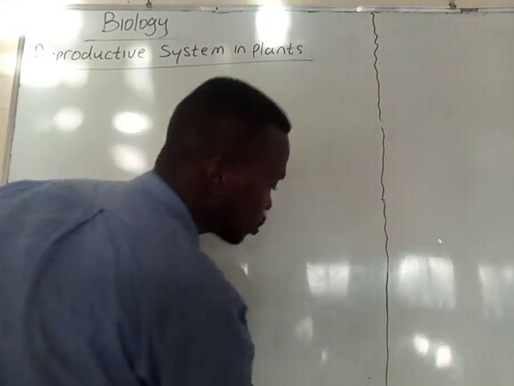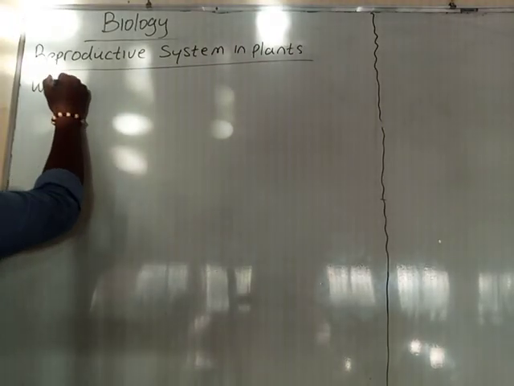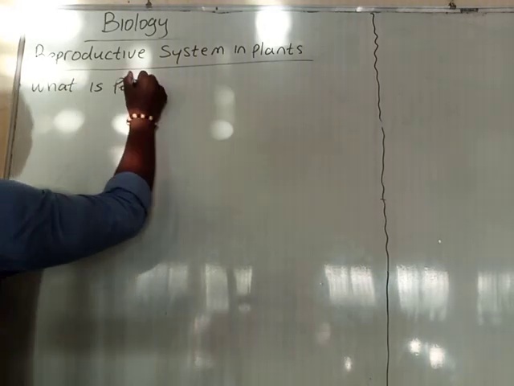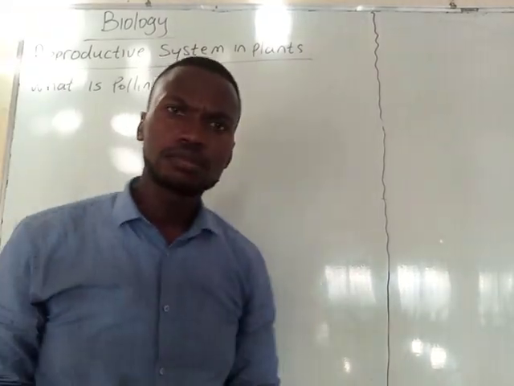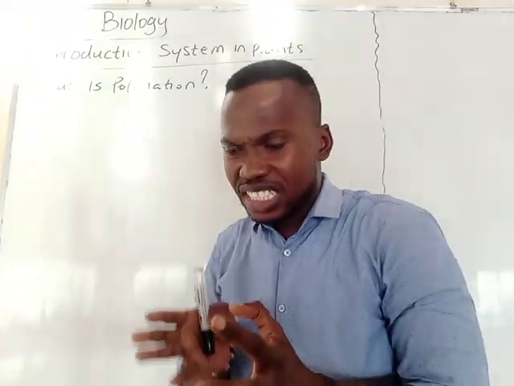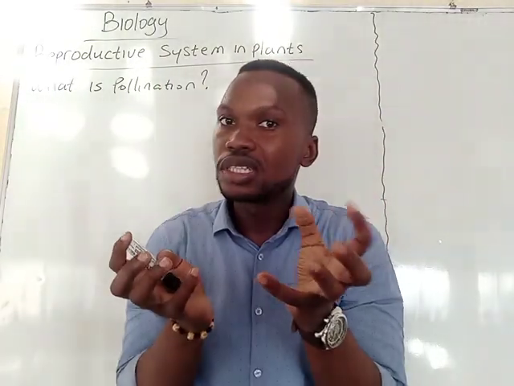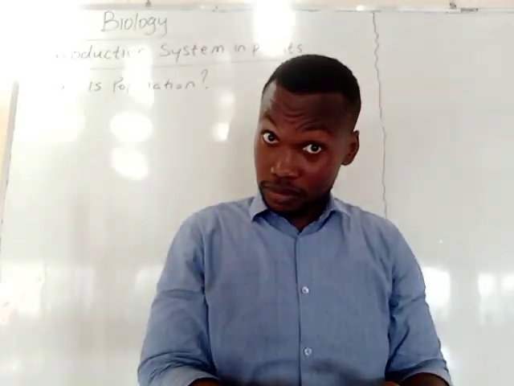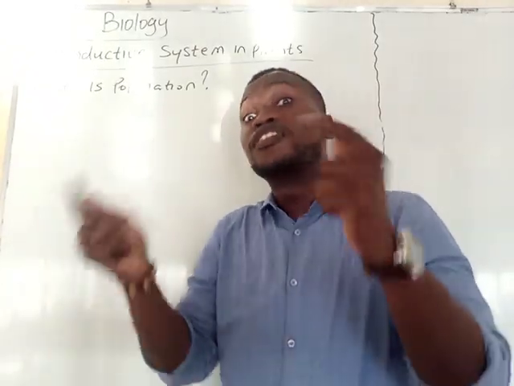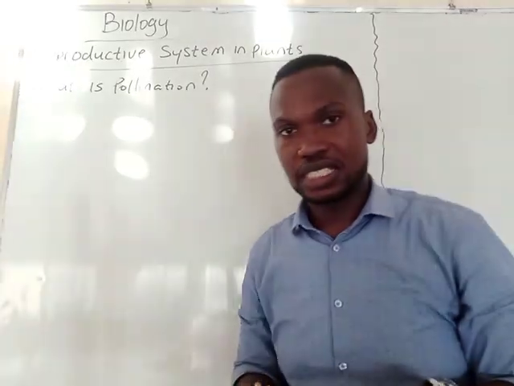All right, so next we have pollination. So what is pollination? I know some of you already know it, but let's still talk about it real quick. Pollination is the transfer of matured pollen grain, keyword, matured pollen grain, from the anther of the flower to the stigma of the same flower or a different flower of the same species.